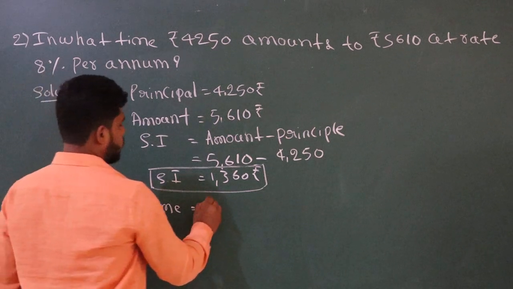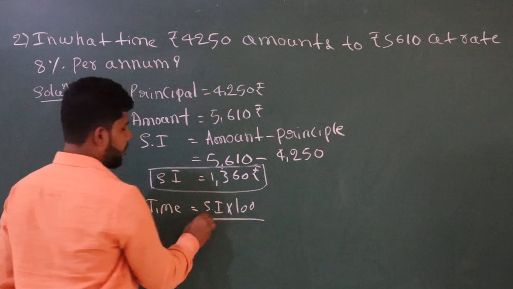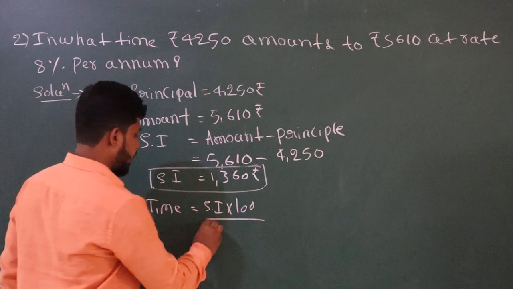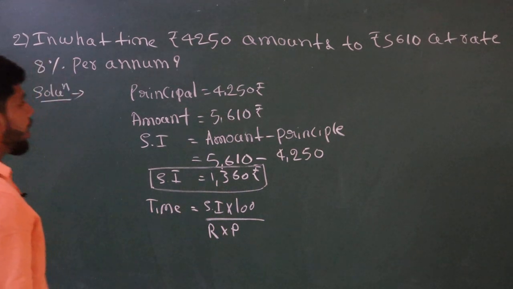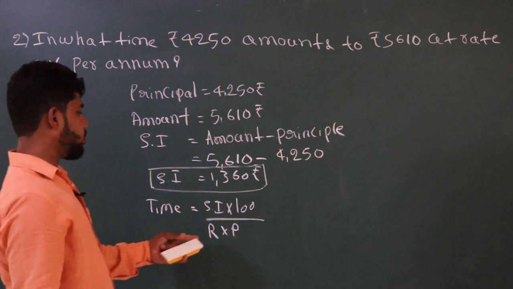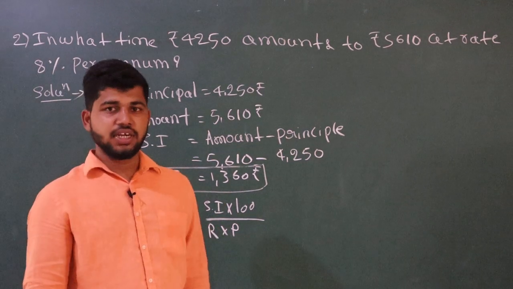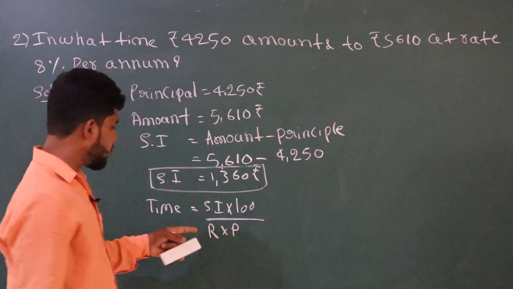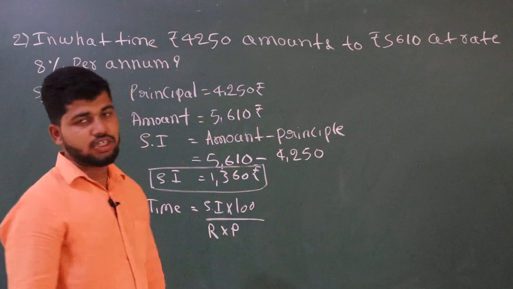Time is equal to simple interest into 100 divided by rate of interest into principal.